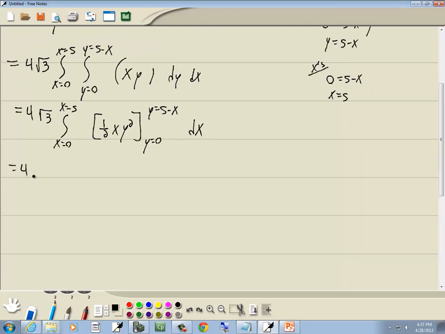So that gives us 4 square root of 3, x is equal to 0 to x is equal to 5. The 1 half I guess I can put out in front, so that would be over 2. And then I got x, and we're plugging these in for y. So I'm going to have 5 minus x squared minus x, and then I'll plug 0 in for y dx.